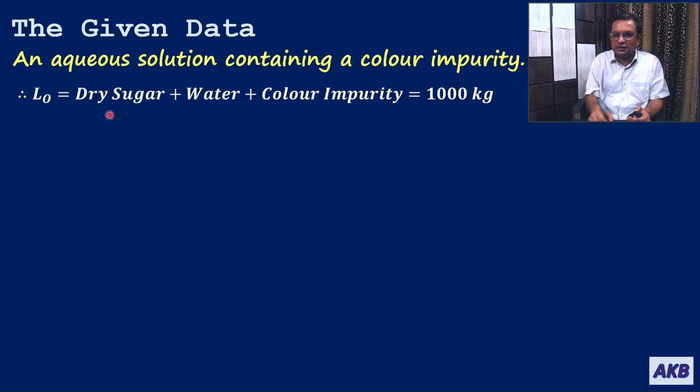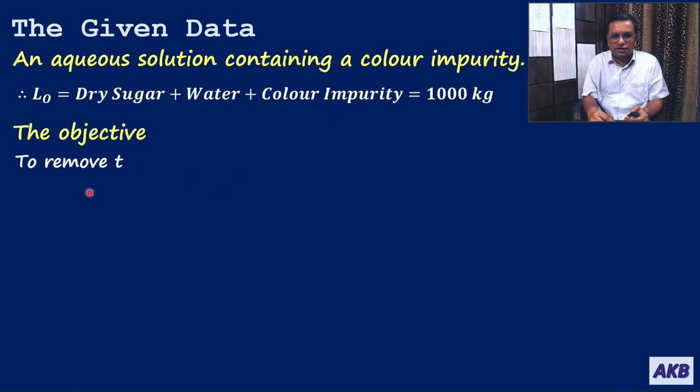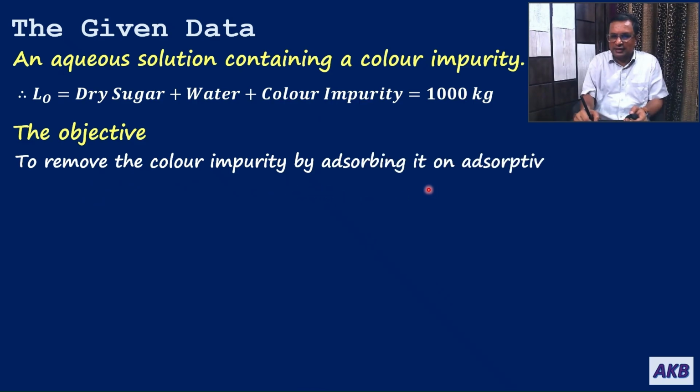And the total mass is 1000 kg. So we are supposed to treat 1000 kg of solution, and the solution will contain dry sugar, water, and the color impurity. The objective is to remove the color impurity by adsorbing it on adsorptive carbon.